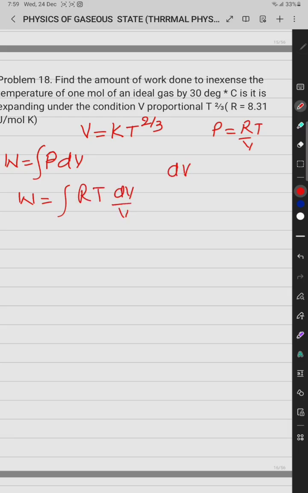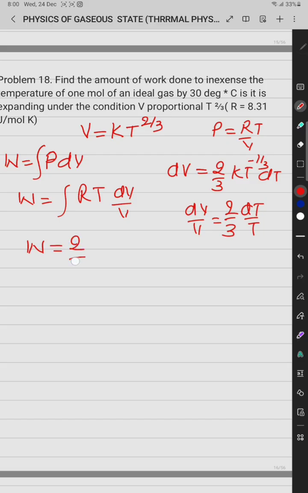If we differentiate this equation, dV equals 2 by 3 K T to the power minus 1 by 3 dT. Then the dV by V term is equal to 2 by 3, and K cancels out, and it is dT by T. Now put this value in the work done.